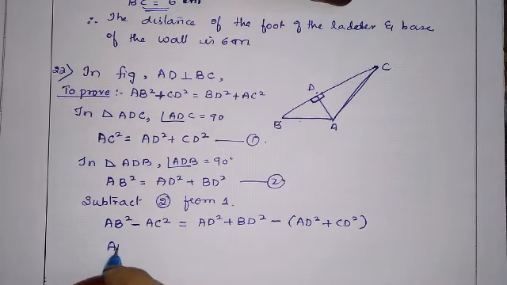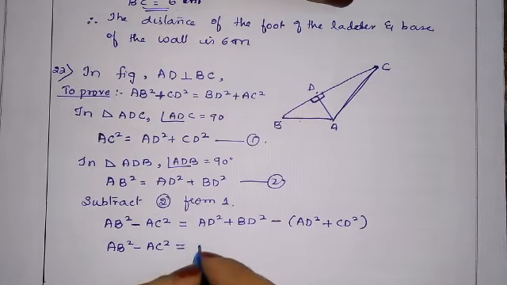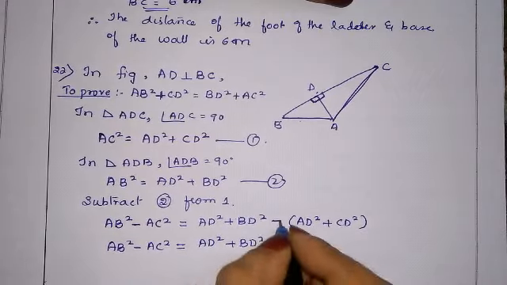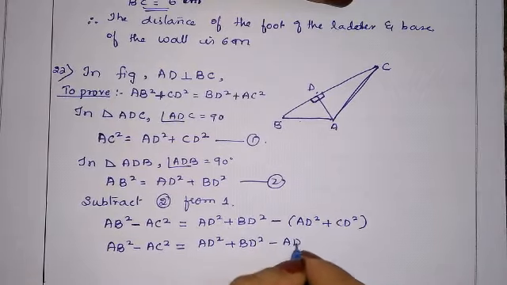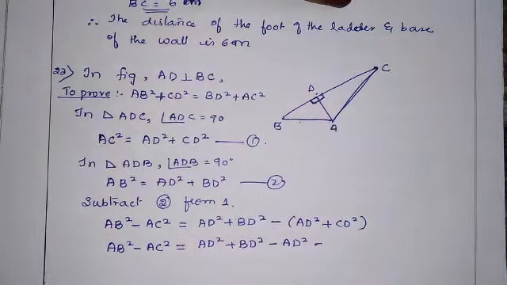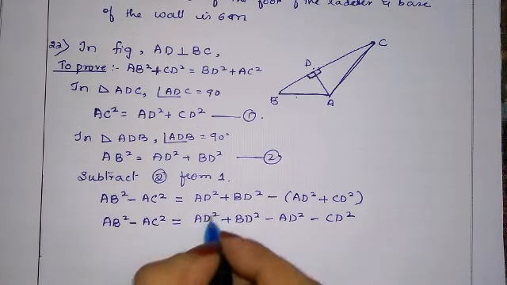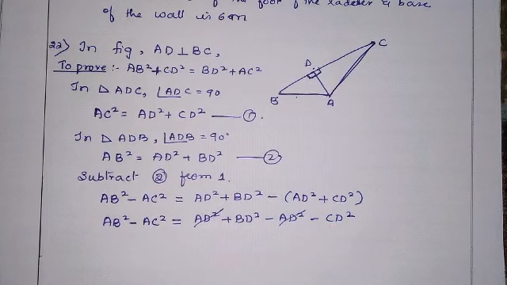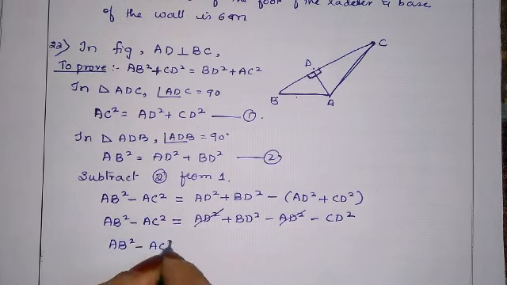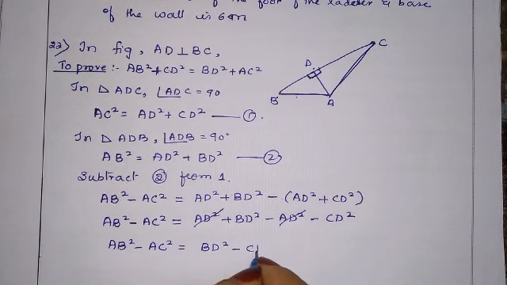Now let it be AB square minus AC square as it is. AD square plus BD square minus AD square minus CD square. Okay, now we can see here AD square gets cancelled. So we got AB square minus AC square is equal to BD square minus CD square.